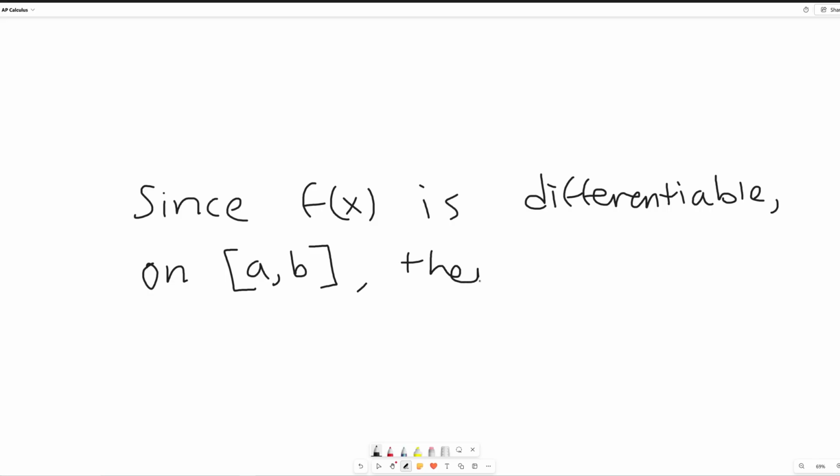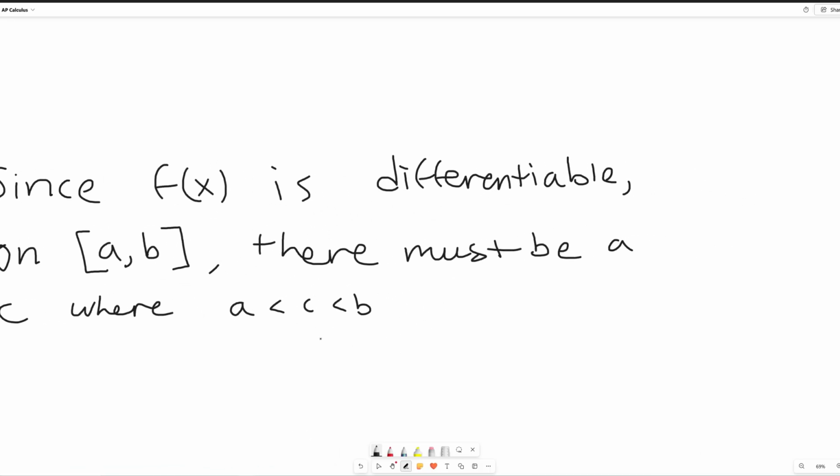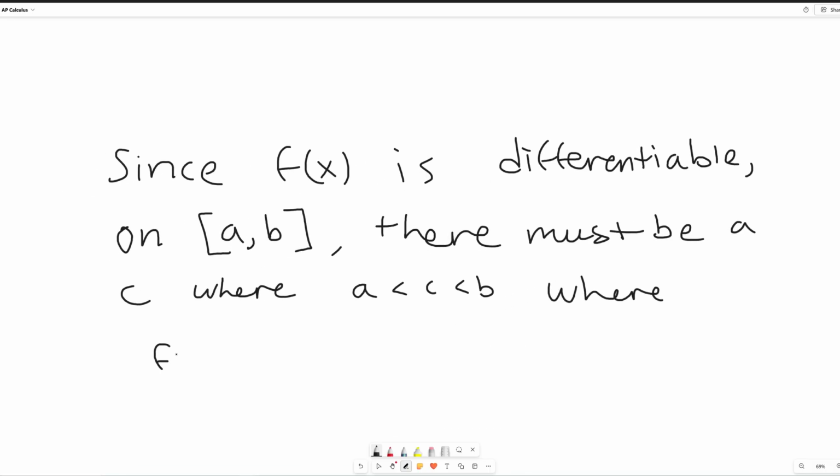There must be a c where a is less than c, which is less than b, so c is between a and b, the interval, where f prime of c equals f of b minus f of a over b minus a.